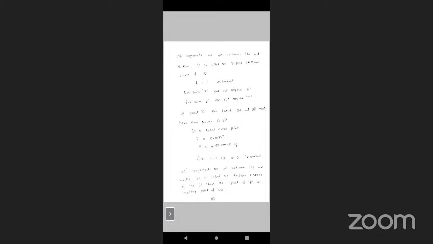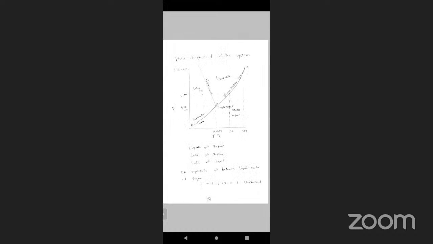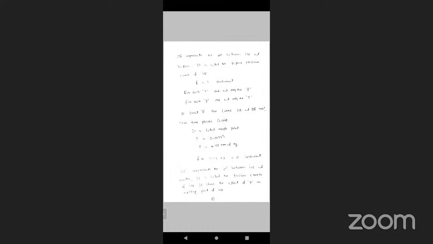Now, similarly, we can explain the other curves, and the other curves also have the number of degrees of freedom F equal to 1, that is univariant, isn't it? The OB represents the equilibrium between ice and vapor, that is solid and vapor.